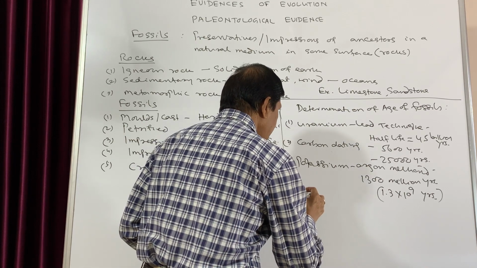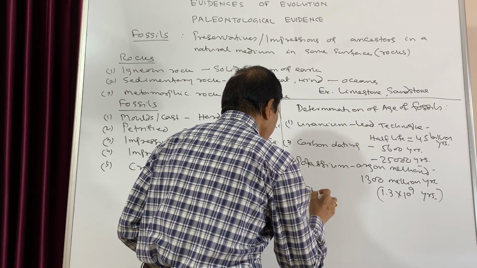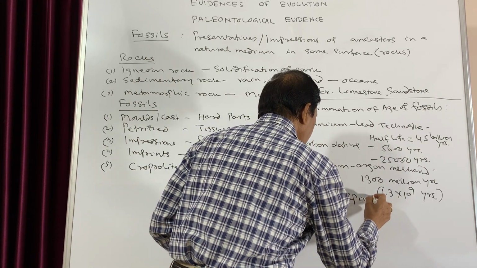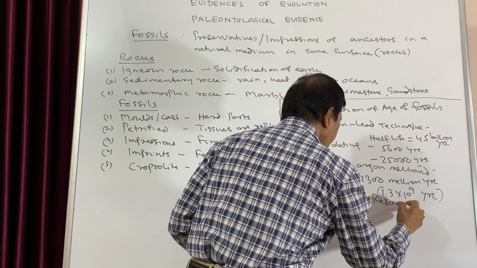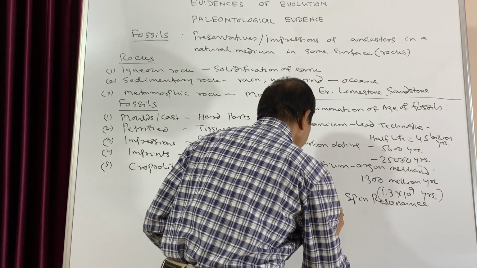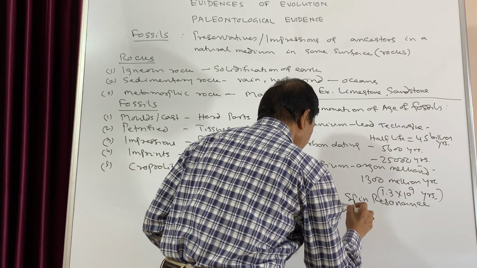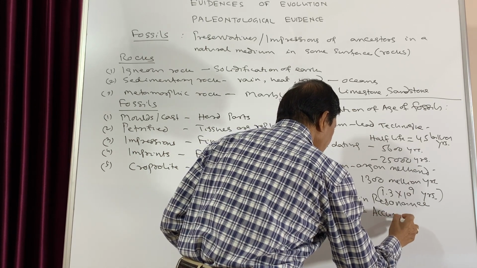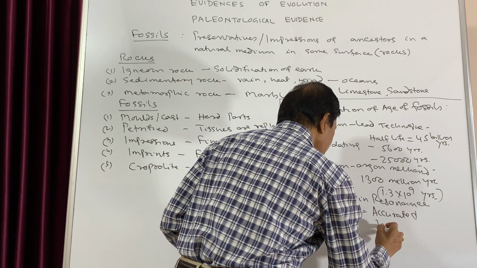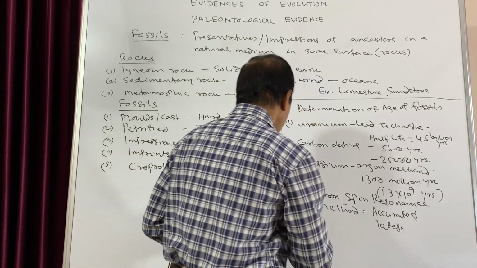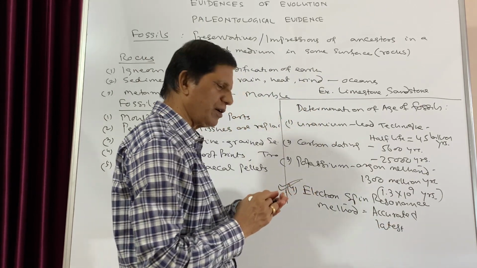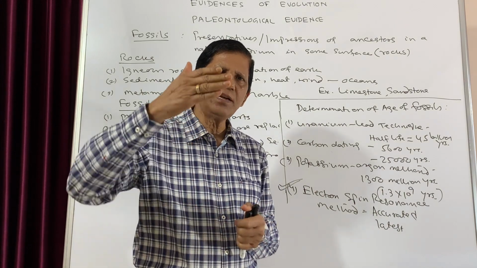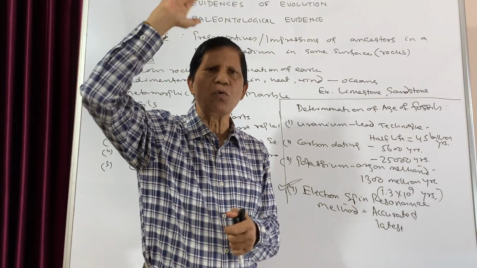is the electron spin resonance method, and this is the most accurate and latest method by which we can determine the age of fossils of any years old.